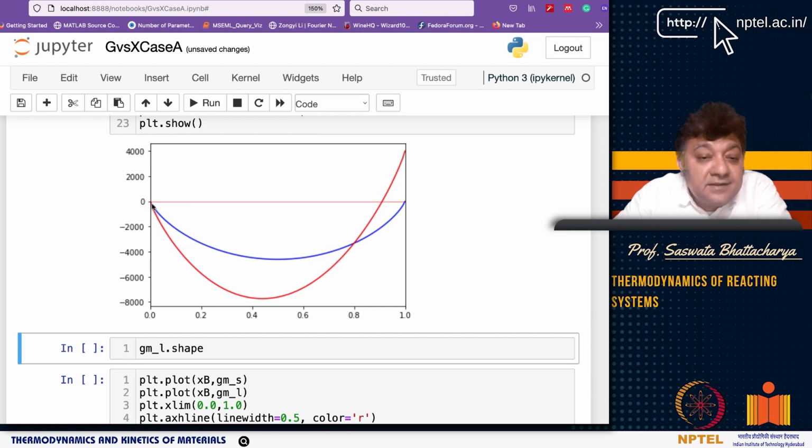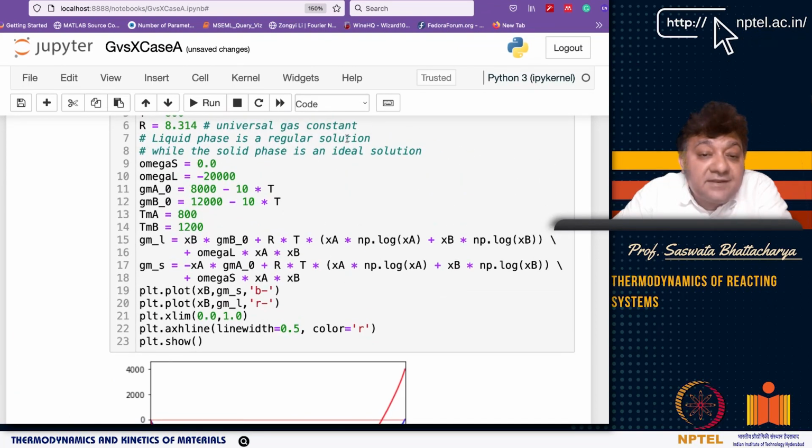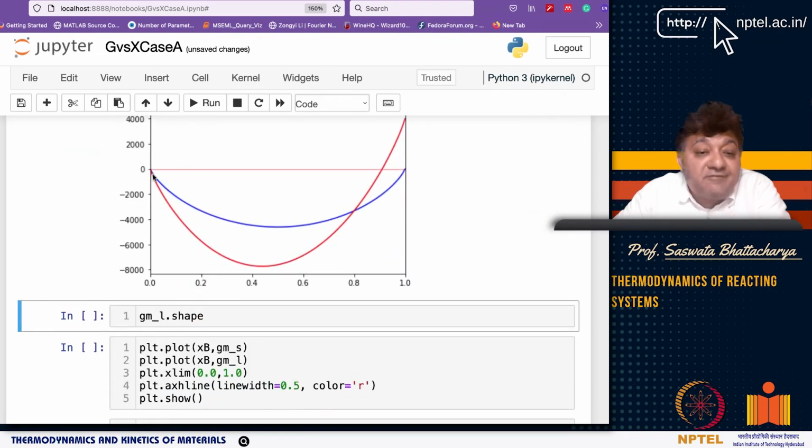So this is basically the melting point of pure A, right? I have taken the temperature to be 800 Kelvin. So at 800 Kelvin, obviously at pure A, the solid and the liquid will have the same free energy, because 800 Kelvin is the melting point of pure A.